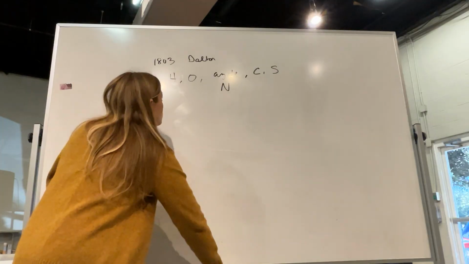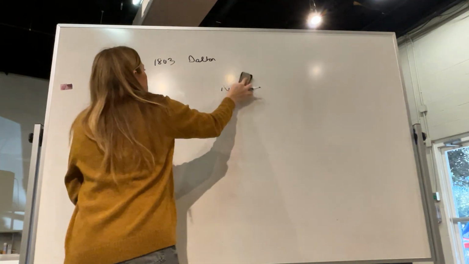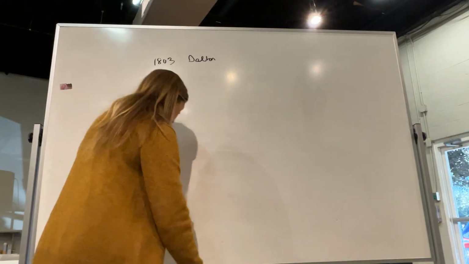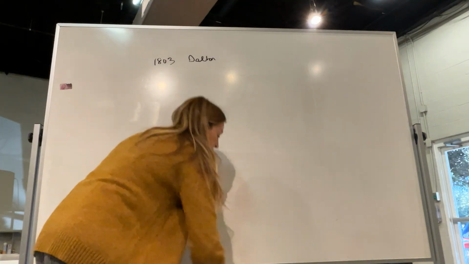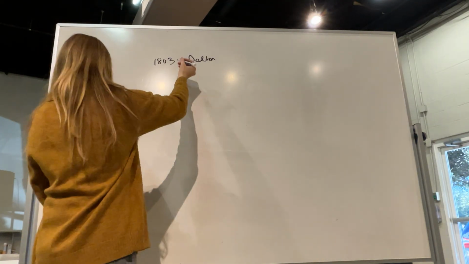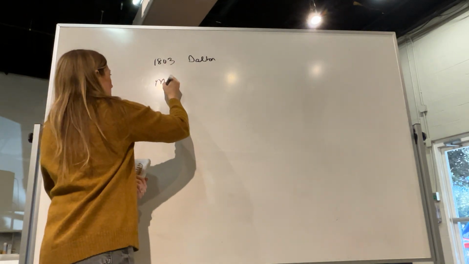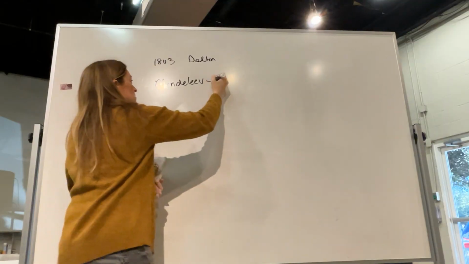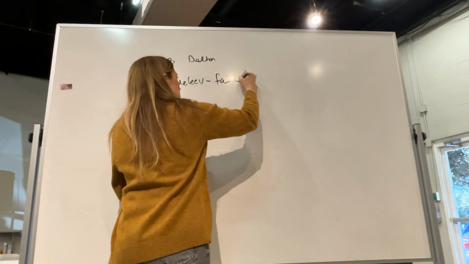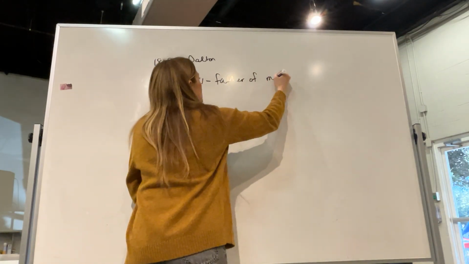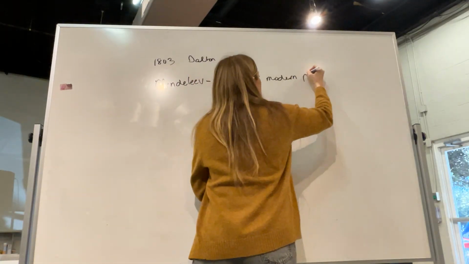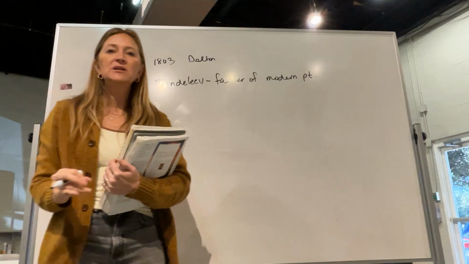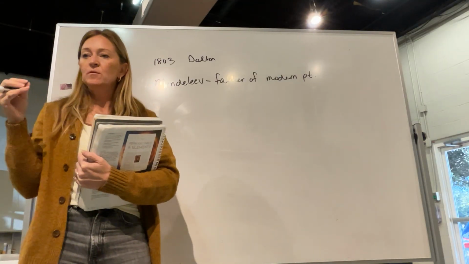So who ended up being the father of the modern periodic table? Mendeleev? Yep. Mendeleev became the father of the modern periodic table. I'm just going to put PT, periodic table. And then how did he categorize the elements that he had?